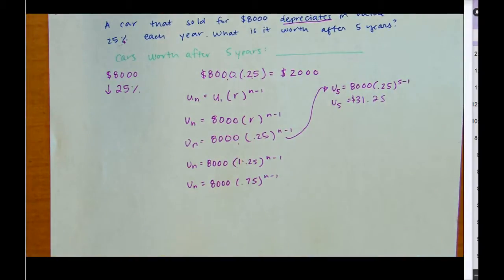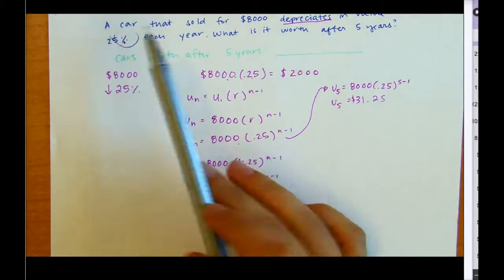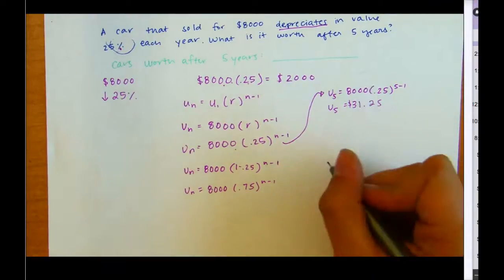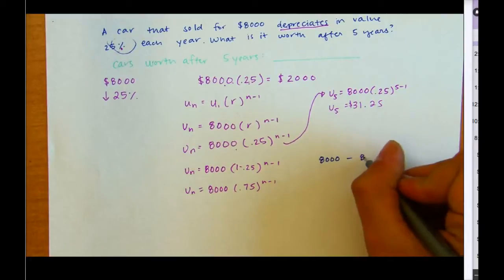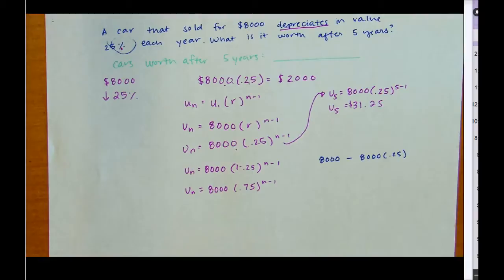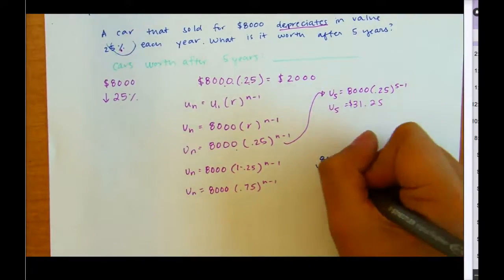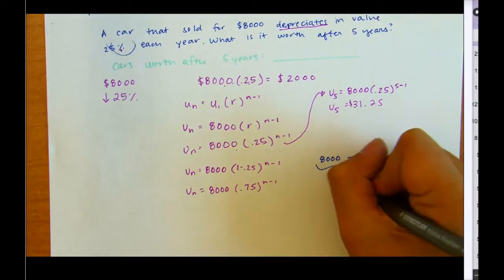Okay, here's why this makes sense. If I wanted to find out how much my car was worth in that second year, I would take 8,000 and subtract 25% of 8,000. That would give me my car's worth after 1 year.